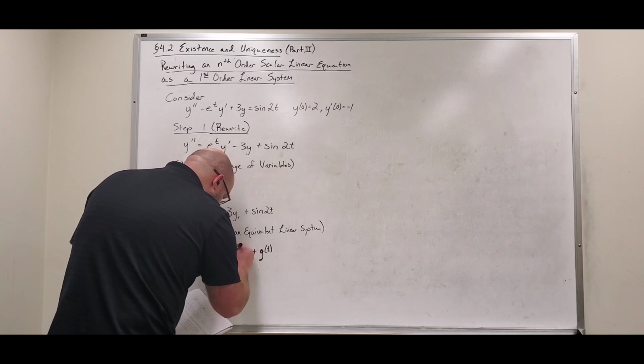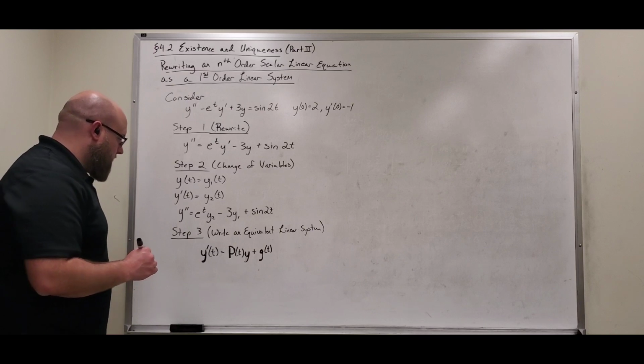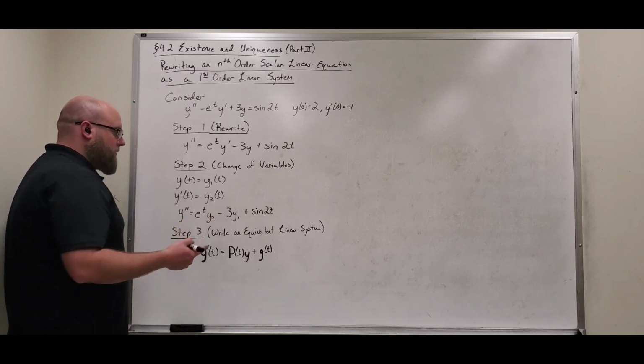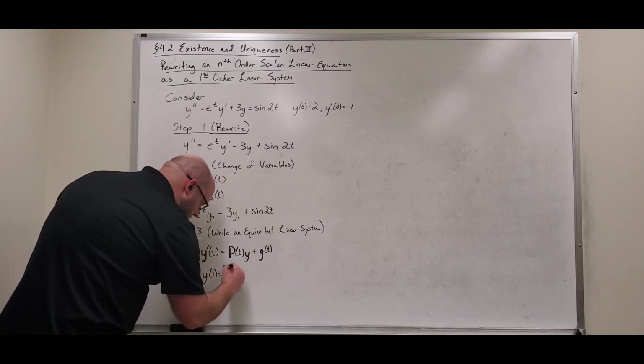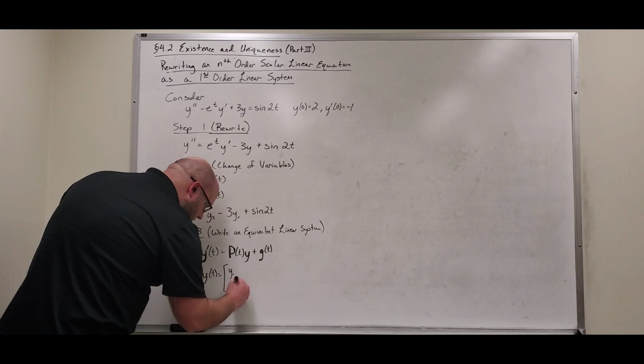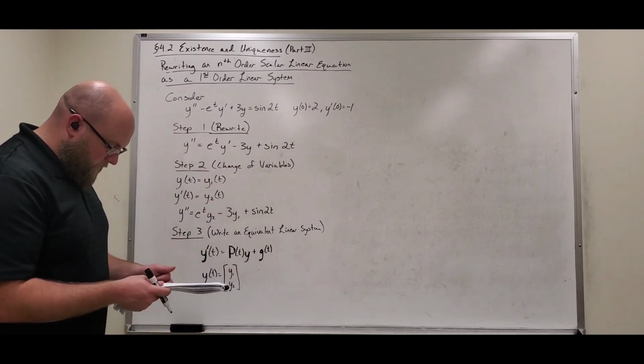All right. So we want to get it that way. So let's define a couple of things. I'm going to be using y1 and y2. Those are my two functions that I'm going to be looking at, my two solutions eventually.